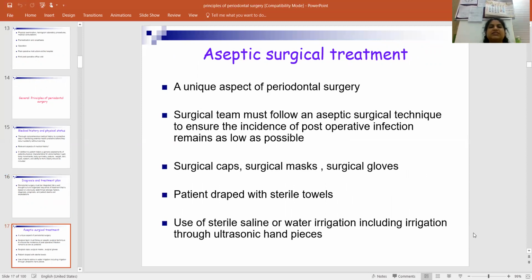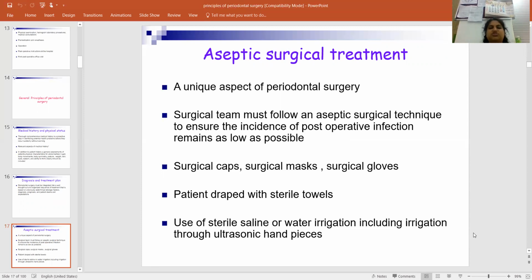Now, the aseptic surgical treatment. Aseptic surgical treatment is a unique aspect of periodontal surgery. The surgical team must follow the aseptic surgical technique to ensure the incidence of post-operative infection remains as low as possible. Use PPE, personal protective equipment, like surgical caps, surgical masks, and surgical gloves.